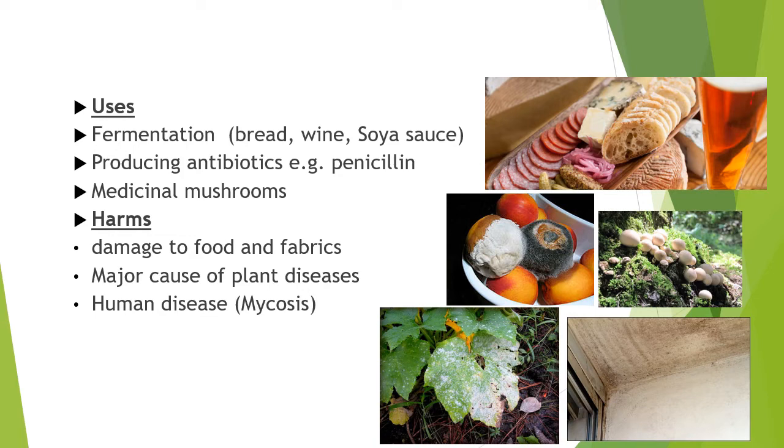However, the presence of fungi can sometimes be harmful because it can damage or spoil foods and fabrics if they are moist, and they can cause major plant diseases like the white patches you sometimes see on the leaves of plants. And most importantly, what we are going to be concerned with in this lecture is that they cause some human diseases, what we call mycosis or fungal infections.